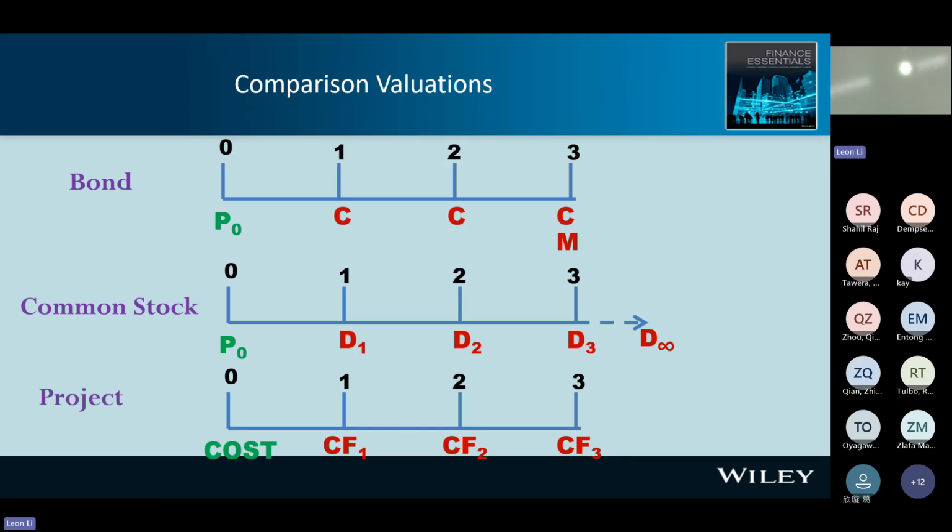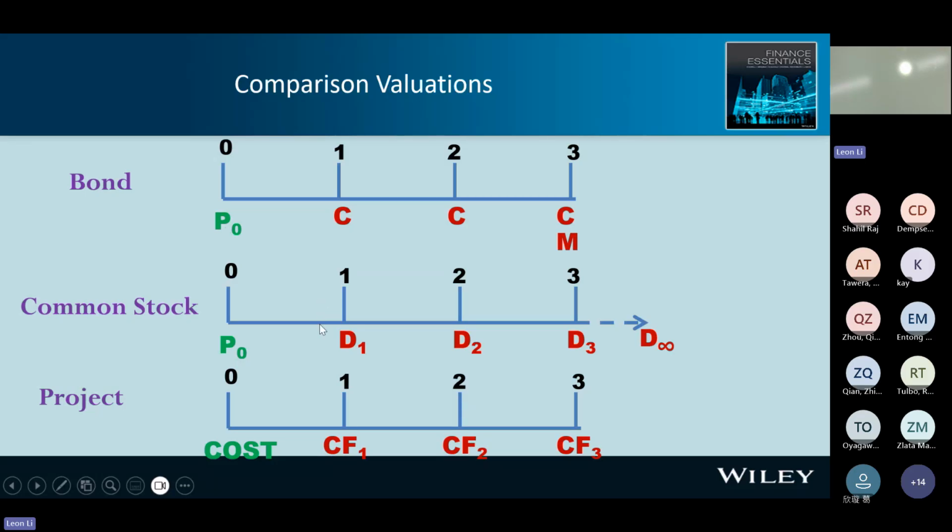You can see the first timeline is for the bond valuation. A bondholder, or bond investor, will receive a constant coupon every year, and the lump sum payment on the maturity date. We can use this information to decide the bond price or bond value today. I use P0.